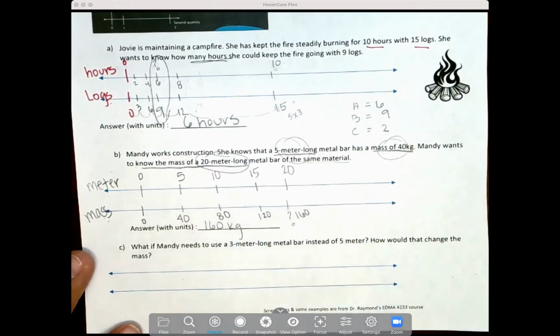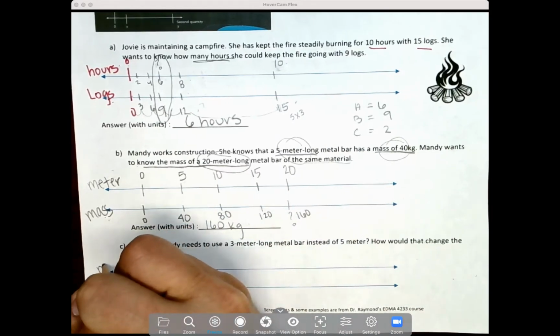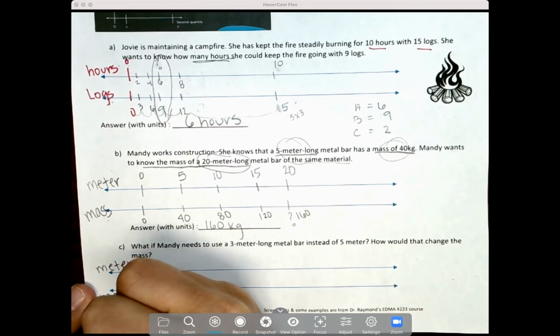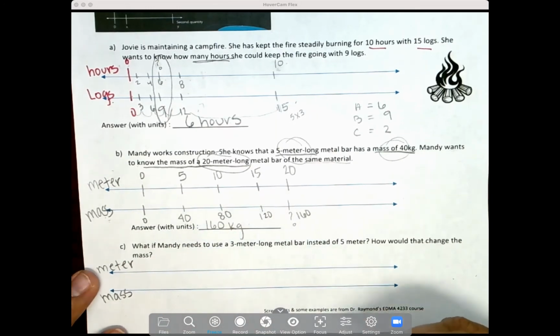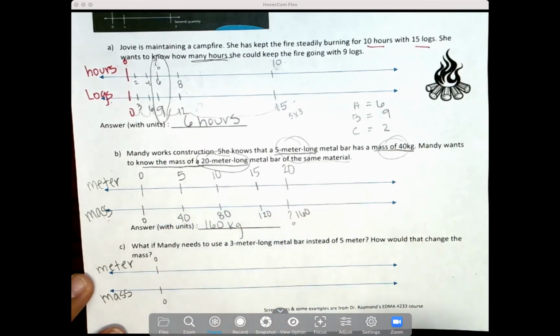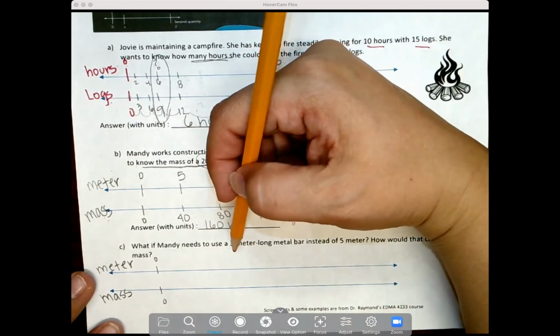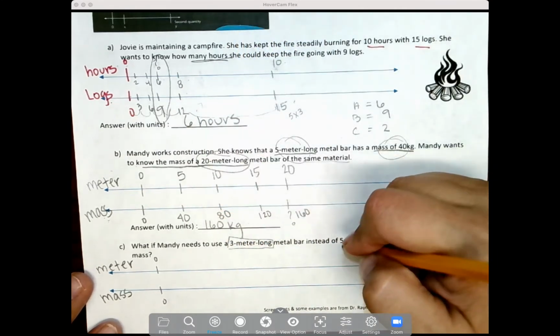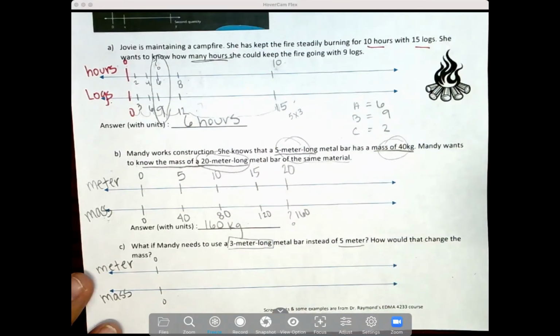All right. So for me, I would say the same thing here as meter and mass. I'm going to place my zeros. But now it's saying she wants to know about 3 meters long, not the 5 we've been given.